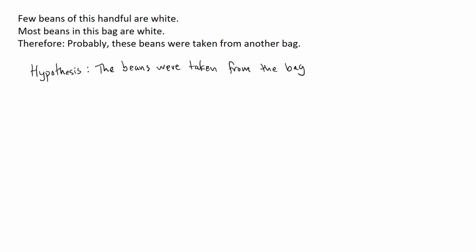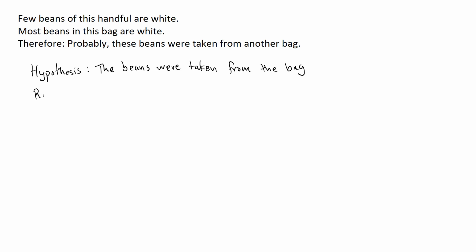If the bag is well mixed, then the proportion of white beans in my hand should correspond at least closely to the proportion of white beans in the bag. So we have a hypothesis: the beans were taken from the bag. We have data, or an observation, and we have a conclusion.